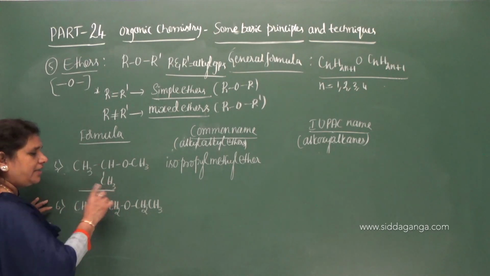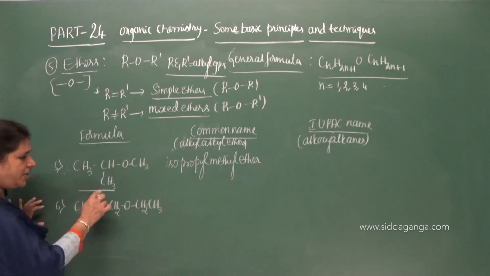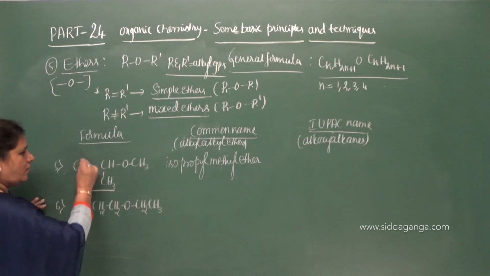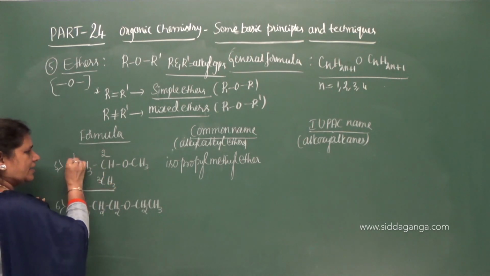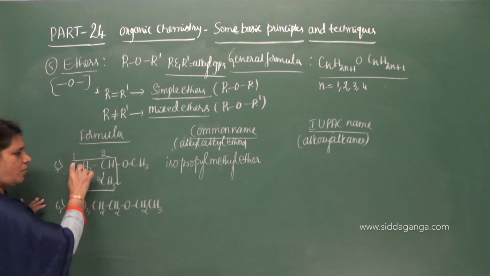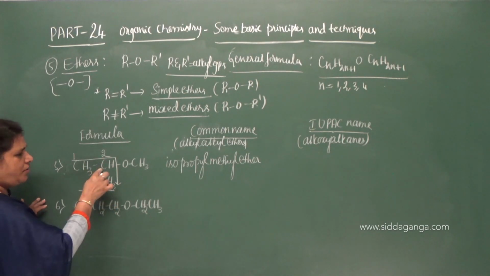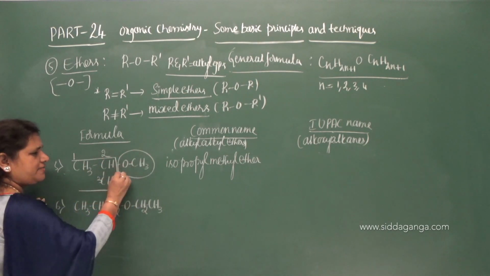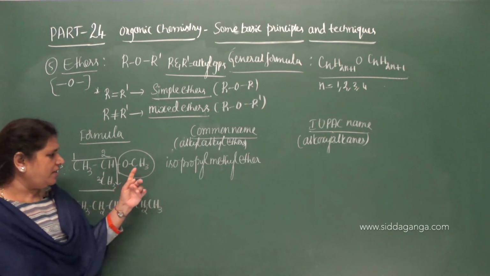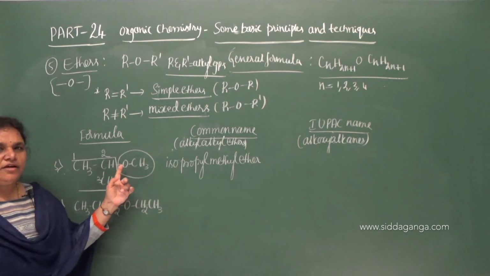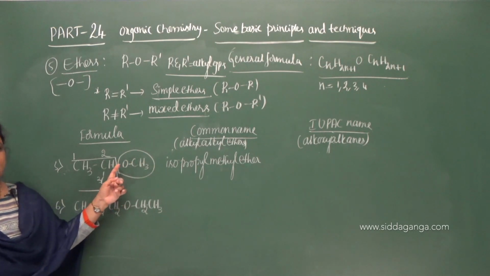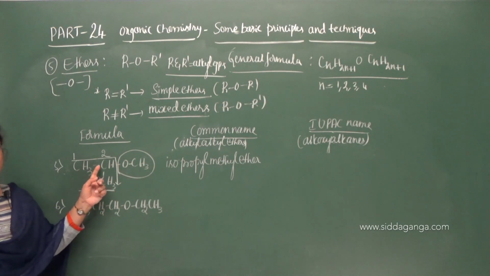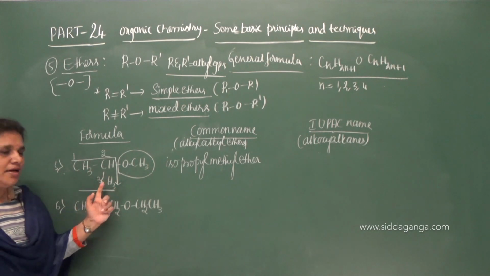Now select the carbon chain here. Since the carbon chain is branched, you have to select the longest continuous chain: 1, 2, 3. You can consider this chain. To the second carbon we have a substituent. What is that substituent? A methyl group along with the oxygen. Then it will be methoxy. The methoxy group is substituted on the second carbon atom of the parent chain.